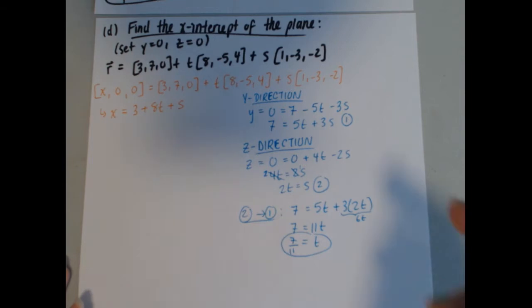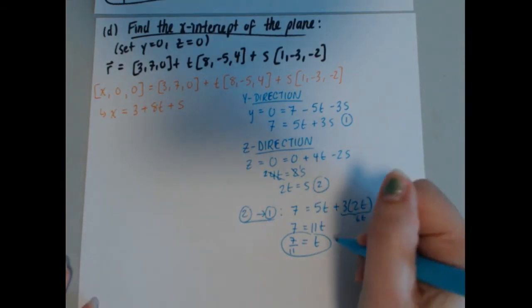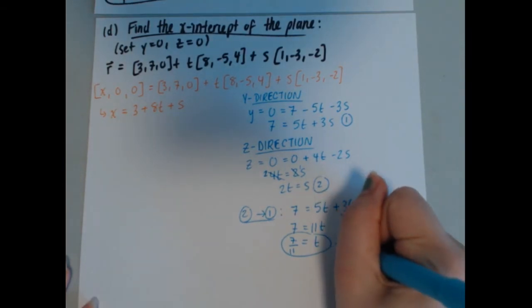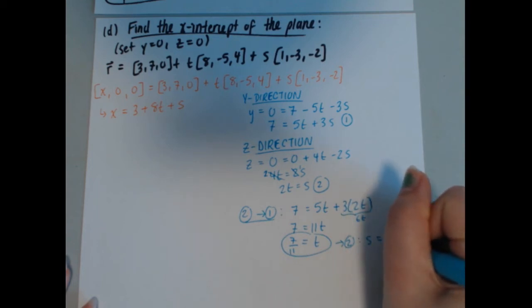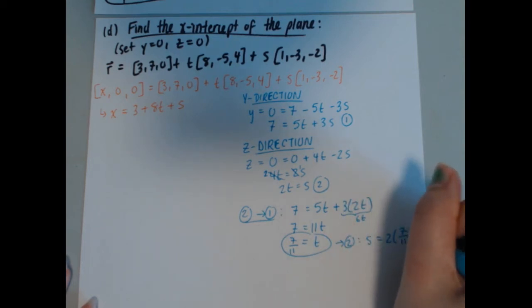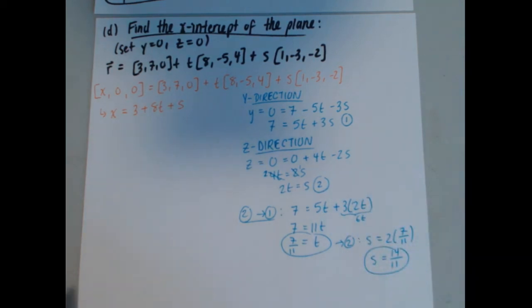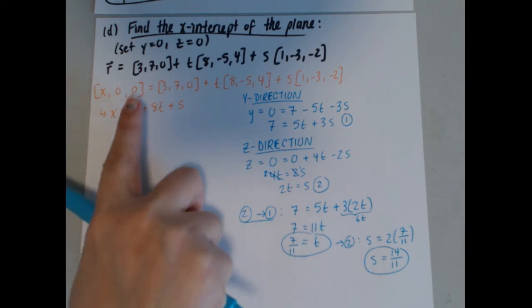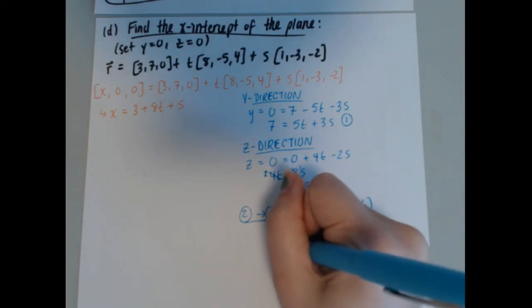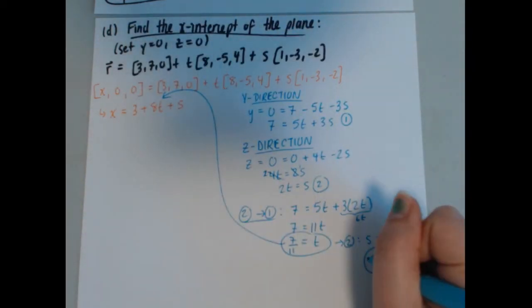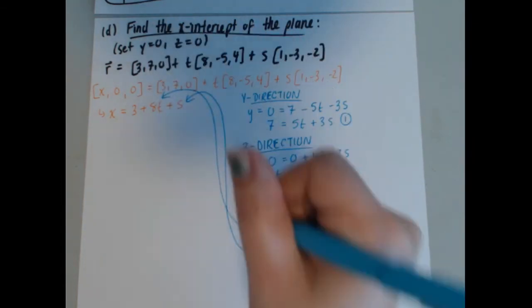Now that we know t, I know that s is twice that. So going back into equation 2, s is equal to 2 times 7 over 11, which is 14 over 11. So I have my values for s and t. Take those two values and plug them into the equation for x.